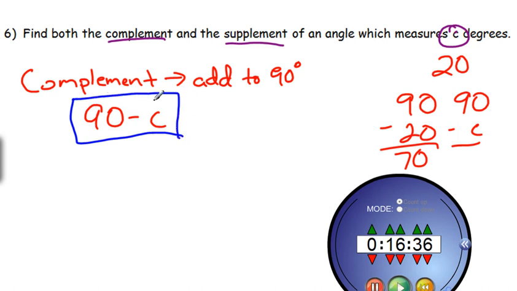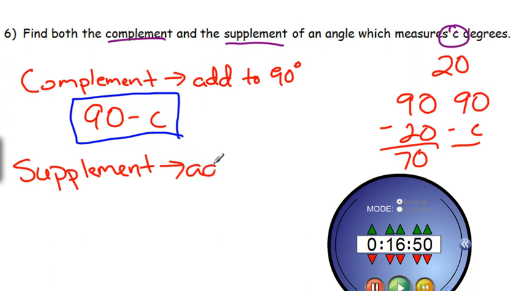But then we just have to think there's one more thing. Actually, let's do that at the end. Let's talk about supplement first. Let's get that out of the way. Supplement's the same basic idea, except we just need to remember that supplement means two or more angles that add to 180 degrees.